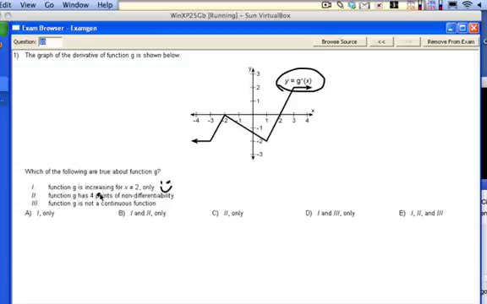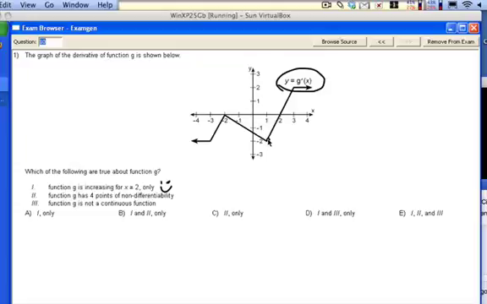g has 4 points of non-differentiability. Let's see, is that true? No, that's not true. Okay, you might think that at the kinks it's not differentiable. That's not true based on the context of this problem. We're looking at the derivative. If g wasn't differentiable, the derivative wouldn't exist. But the derivative does exist at each of the corners because it's graphed.